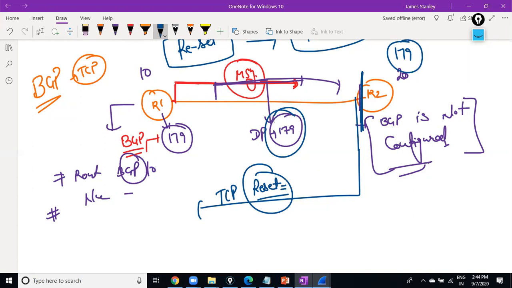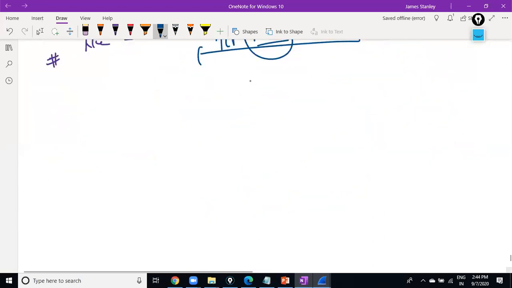Before exchanging any type of messages, they will first exchange the SYN packet. In the SYN itself, the destination port will be 179, because BGP always uses TCP, and TCP first does the three-way handshake.